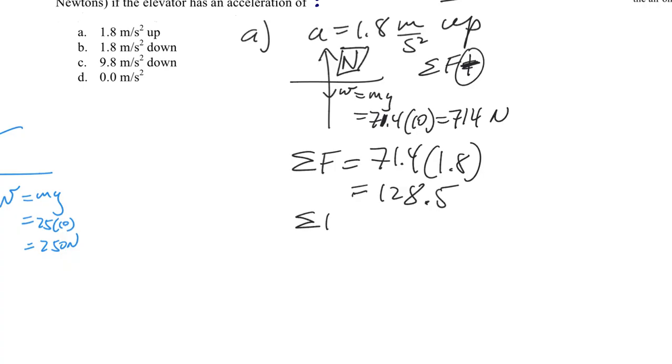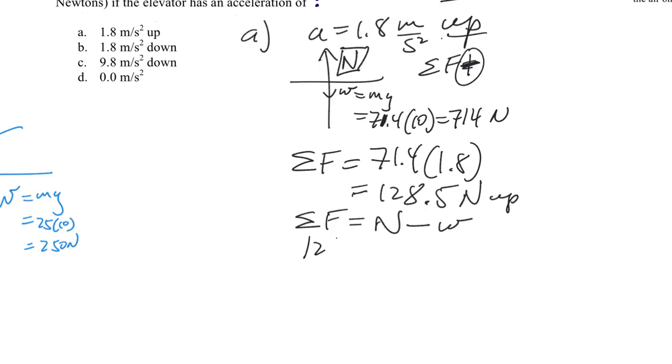Okay, the net force, remember that's up. So net force is N minus the up one minus the down one. So because the up one's bigger, why? Because the up one is in the same direction as the net force, which is in the same direction as the acceleration. So this is N minus W.